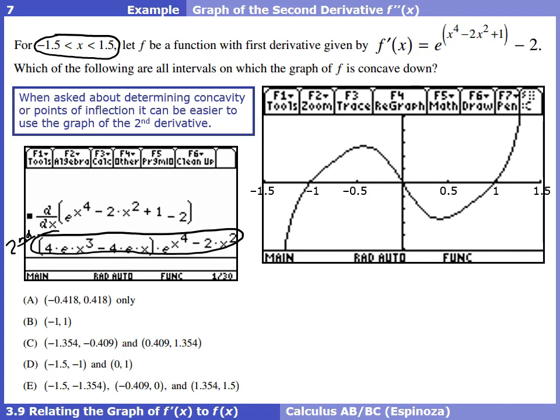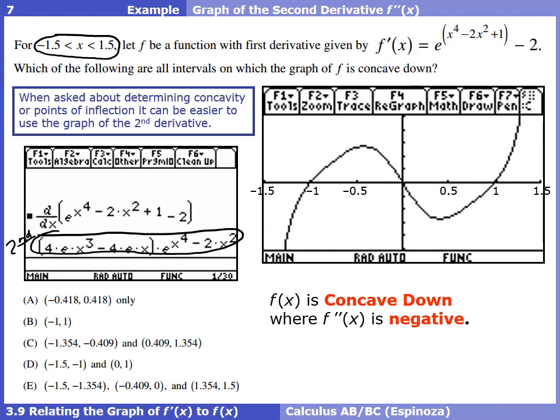I set these little intervals to be 0.5. Now, the most important thing here is, where is the original graph concave down? A simple justification we can use is this: we know a function is concave down where the second derivative is negative.